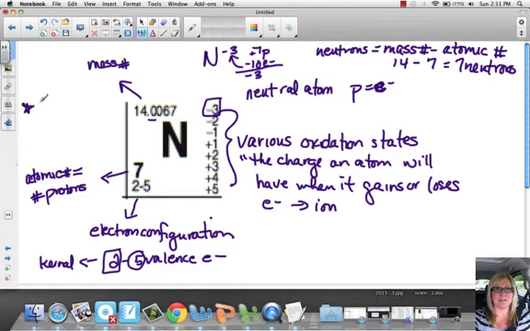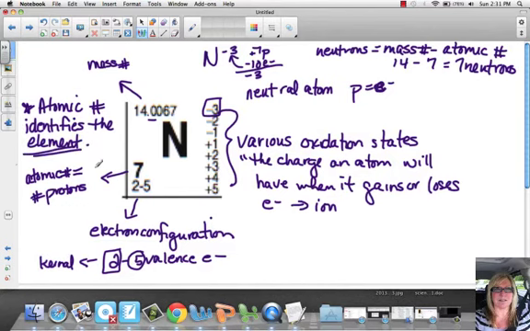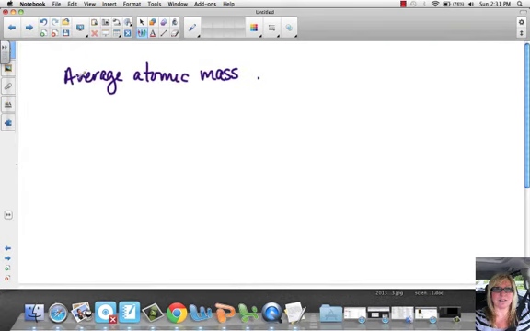This is important. I would think everybody would know this, but I'm going to say it anyway. The atomic number identifies the element. That is its identifier. Your fingerprint identifies you. The atomic number identifies the element. Okay, average atomic mass.